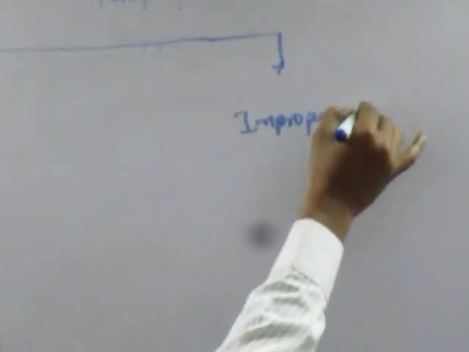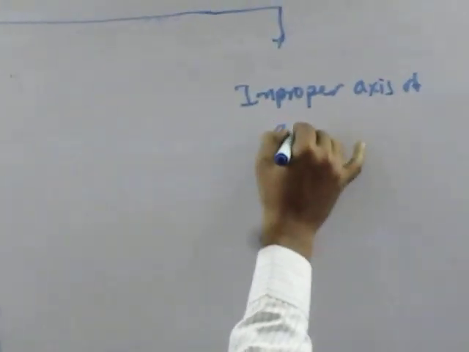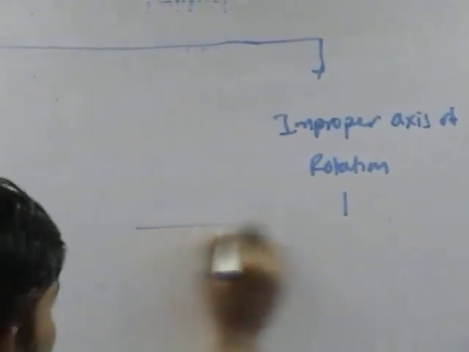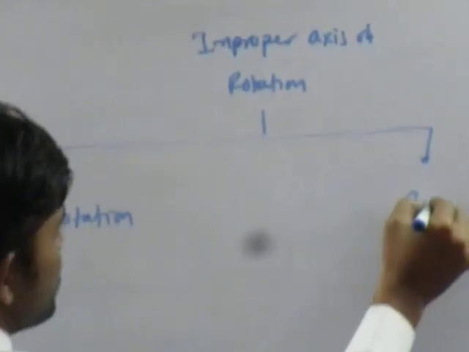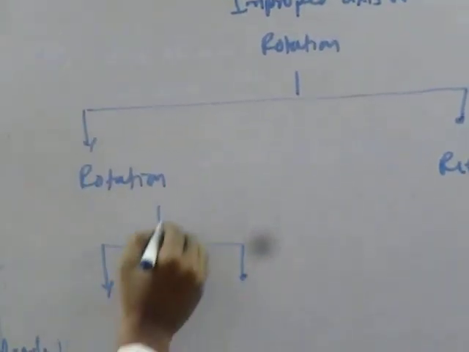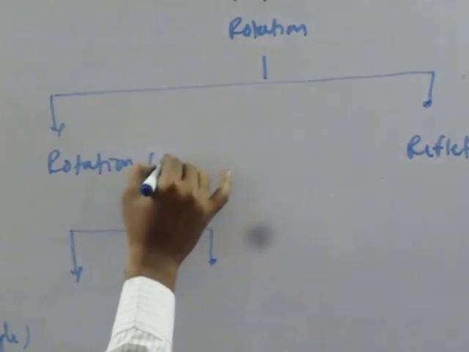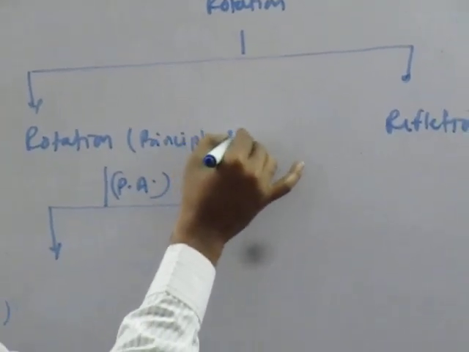The improper axis of rotation is equivalent to first a rotation and then a reflection. The rotation is according to the principal axis.